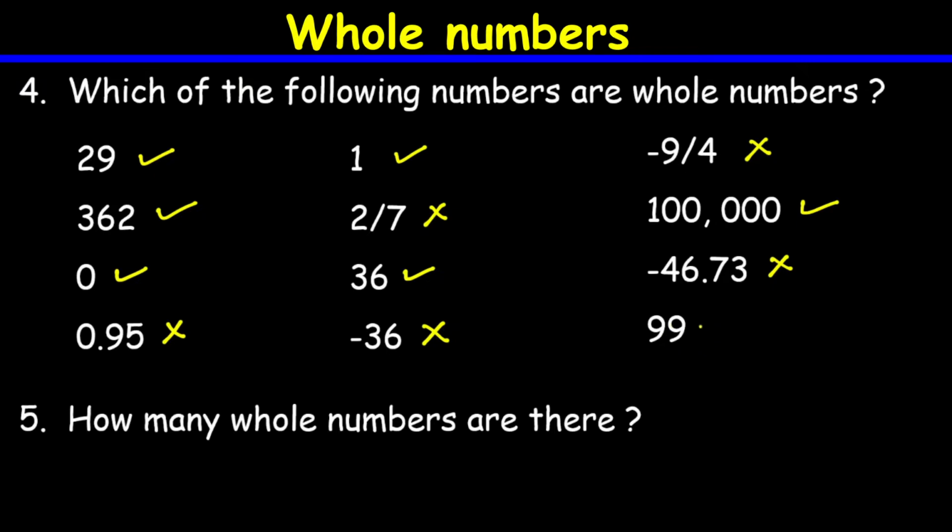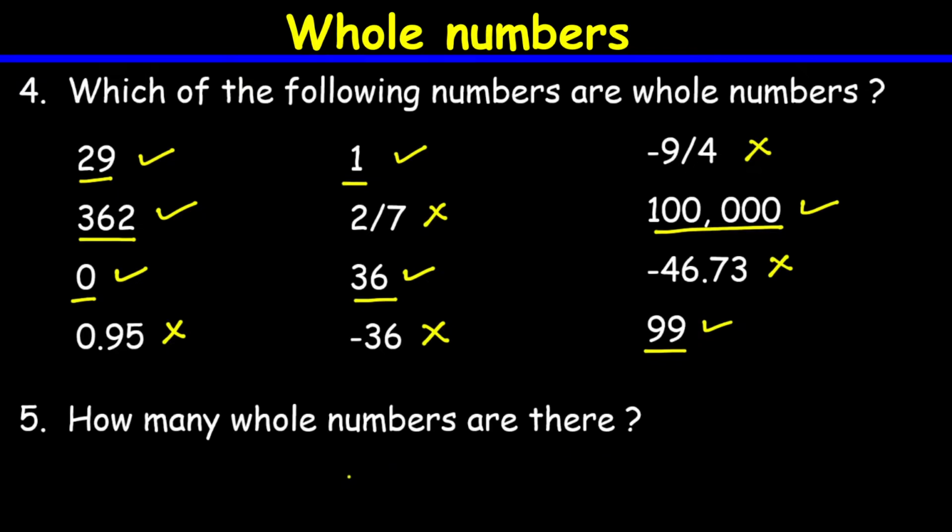Is 99 whole number? Yes, 99 is whole number. Therefore, the answer to this question is 29, 362, 0, 1, 36, 100,000, and 99. Question number 5. How many whole numbers are there?